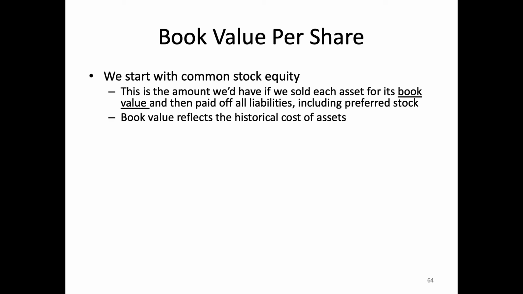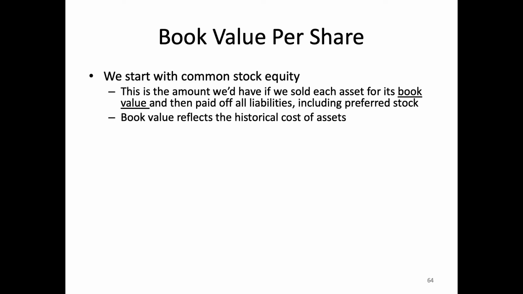What this is, it's the amount we'd get if we sold each asset for its book value, in other words, what we paid for it. So a factory, we bought that years ago, we probably paid a much lower price than it's worth.